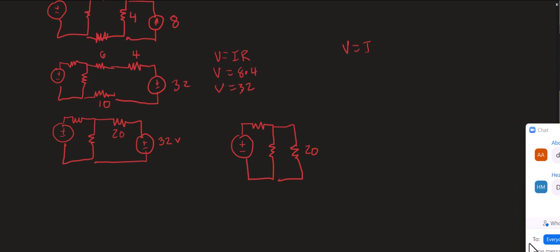And V equals IR. We had 32 equals I times 20. I equals 32 over 20, 8/5. Yes.